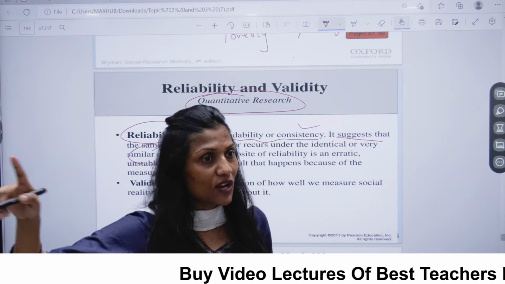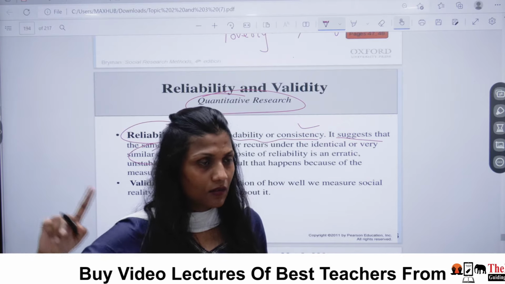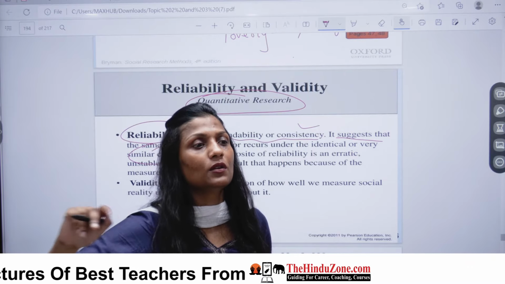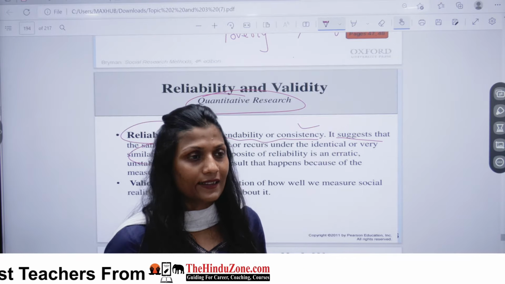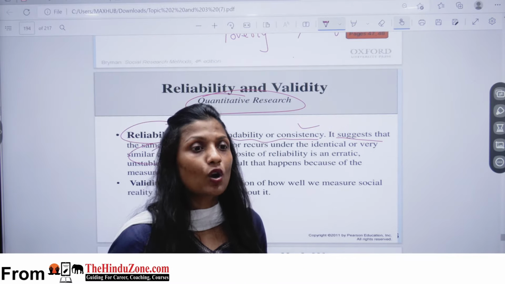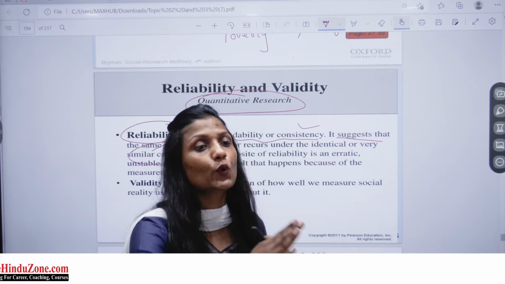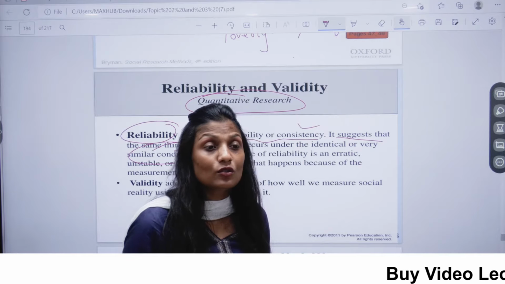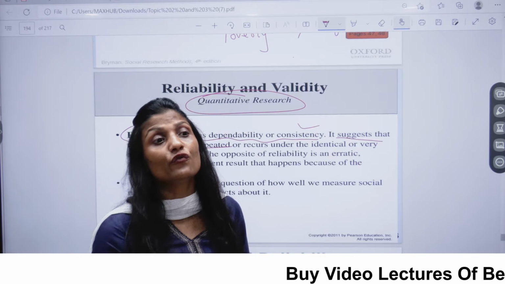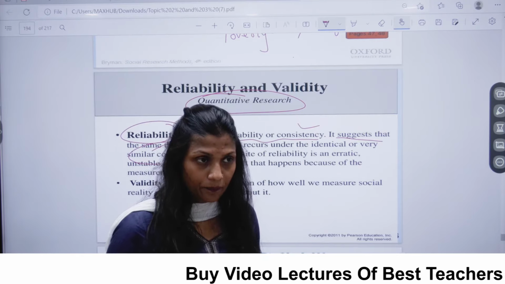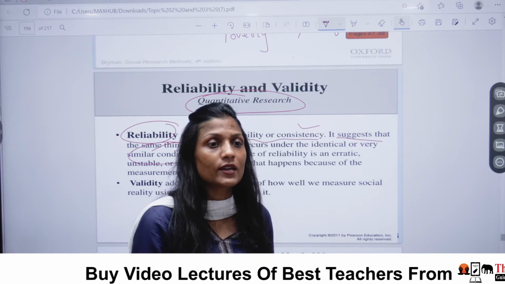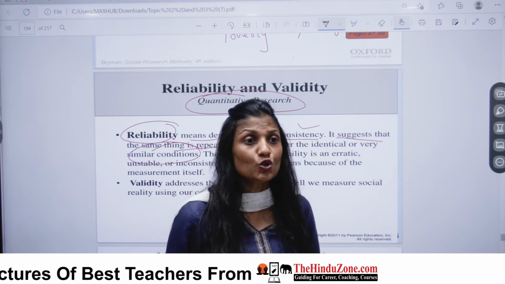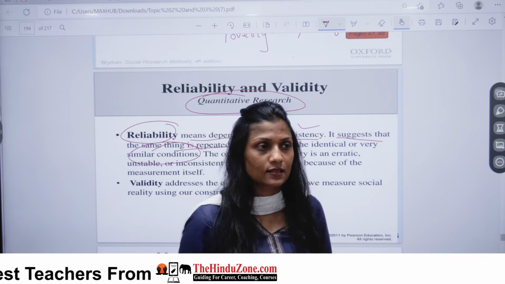So if I research casteism among Christians in India, I will have similar findings. Okay, because in Christianity and also in Islam, casteism is not emerging out of religious teachings. Casteism is emerging among these two minorities due to cultural contact.